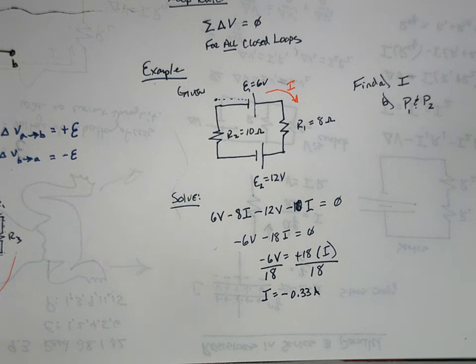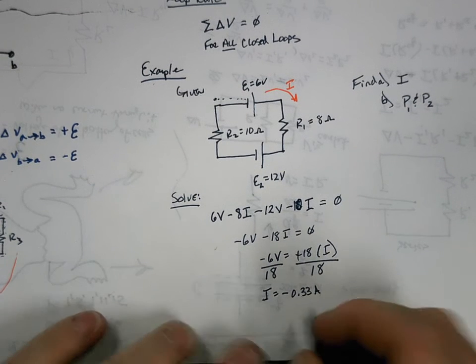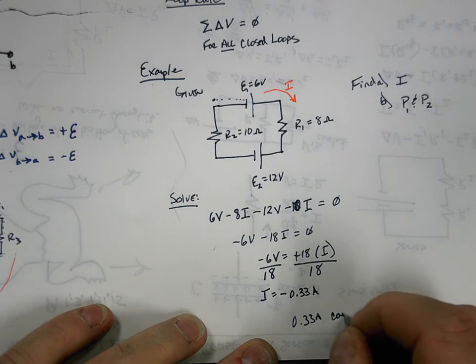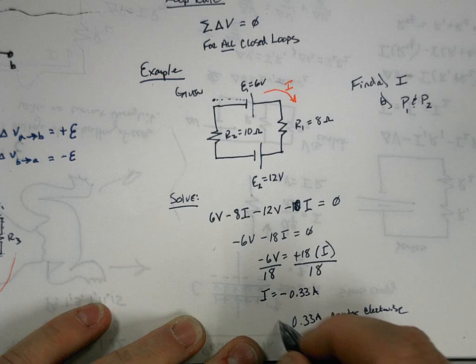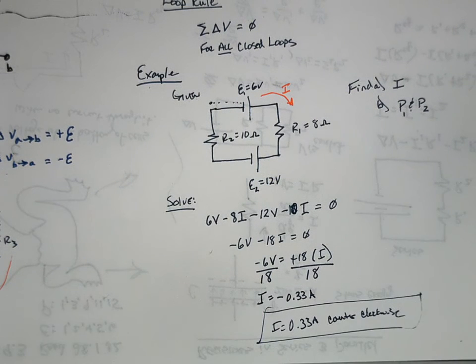The voltage is greater on the other side of the circuit, and it's really going to push stuff the other way. You can't always eyeball it like this, but you can on this one. This negative means that the current is actually 0.33 amps counterclockwise.